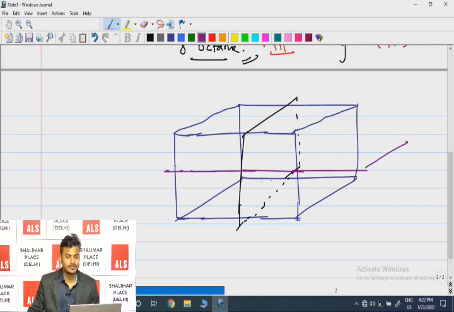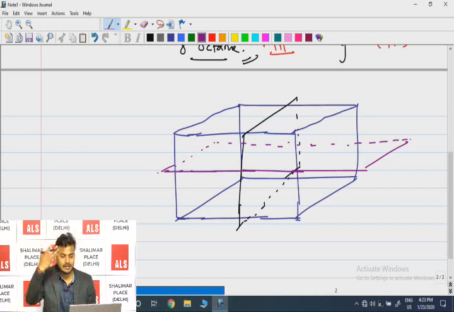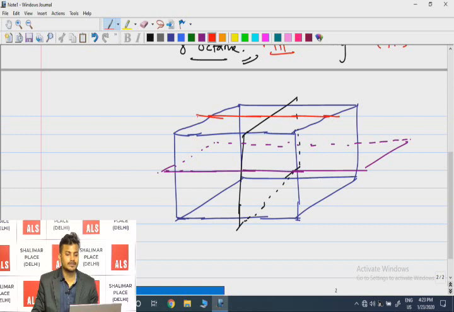Like this. Okay, this is one other plane. And this is the third one. This is 1, this is 2, this is actually 3.